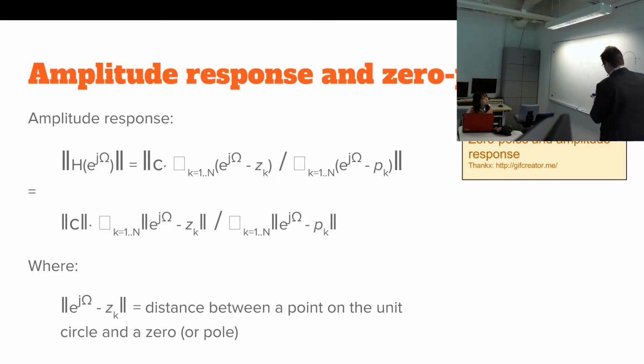All right, this here graphically is a distance between a point on the unit circle and the zero. It's a distance, yes, looks like a distance. And same thing here, this is the distance from e to j omega to the pole.